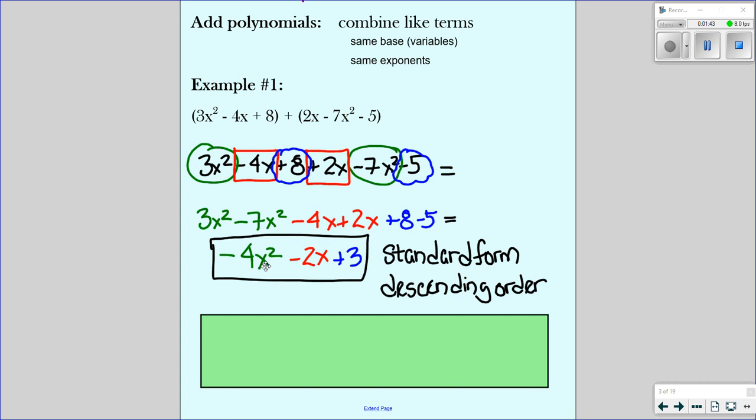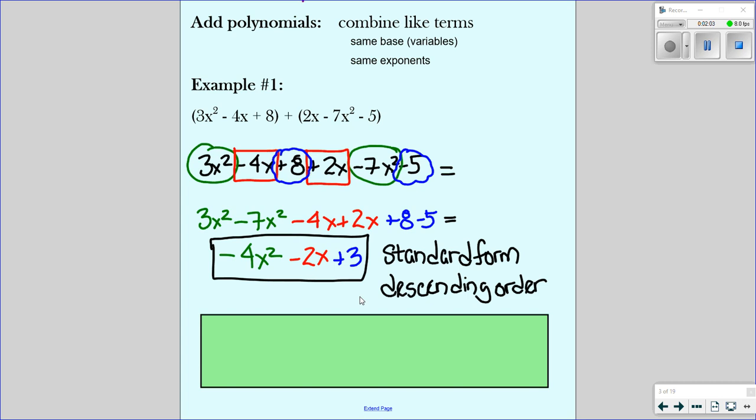If you look at the variables, notice that the degree for each of them, this is 2, this is 1 for the red one, and there's no variable, so it's 0. So 2, 1, 0, descending order, that's the standard form for any polynomial.